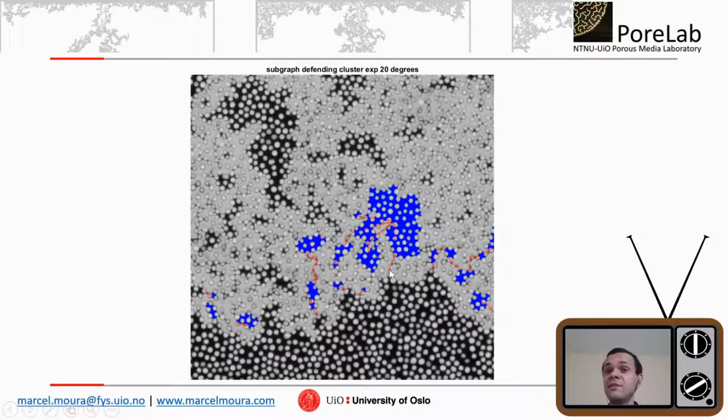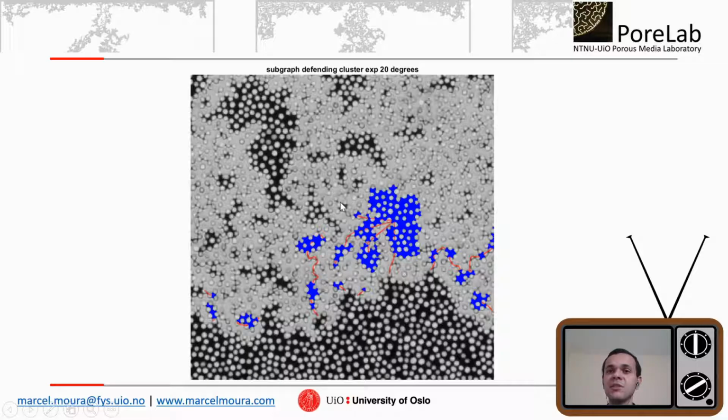Like if this bridge here was not identified as a bridge, then this whole cluster would be lost. I mean, we would not see the connection of this whole cluster with that one. And then since this one is indirectly connected to that one, the connection of that one would also be lost. So we're still fiddling a little bit with this analysis to make it work, but we can have an idea more or less of how it's going to look.